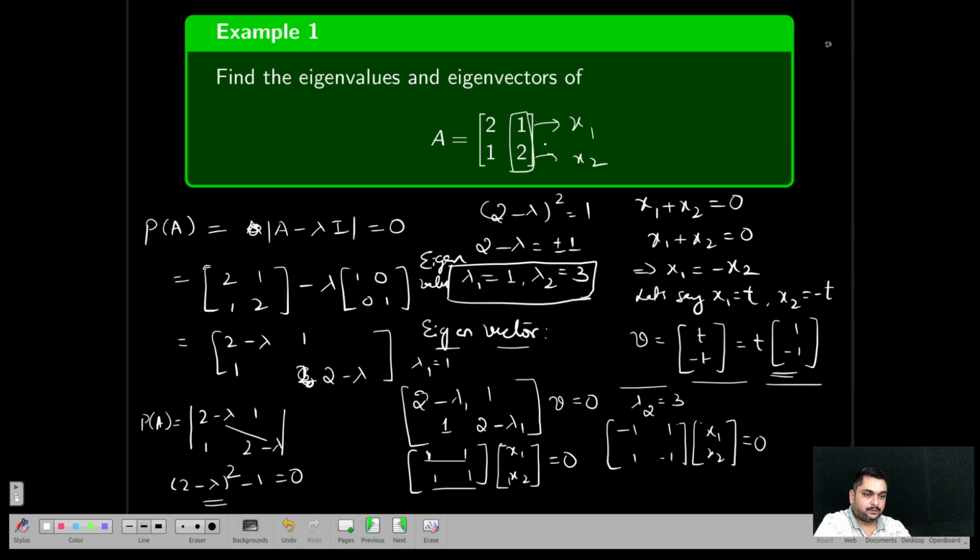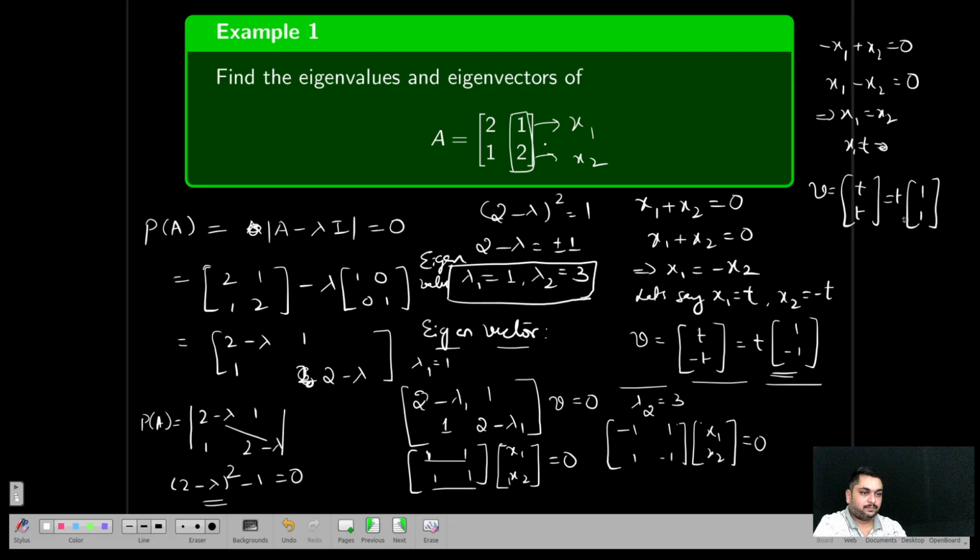For this I'll get minus x1 plus x2 is equal to 0 as one equation. Another equation is x1 minus x2 is equal to 0. That implies x1 is equal to x2. Let us put x1 equal to t. So the eigenvector will be v is equal to t and t. This is nothing but t times (1, 1). So this is another eigenvector.